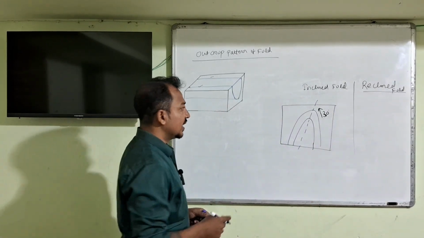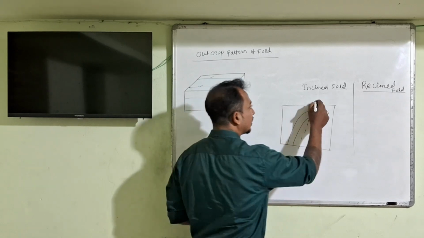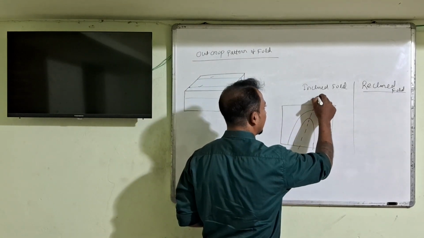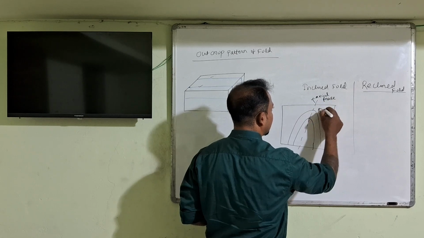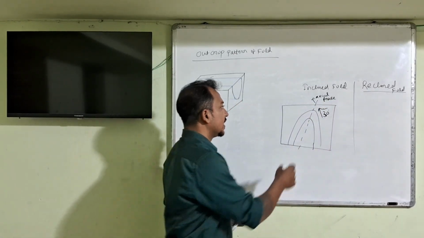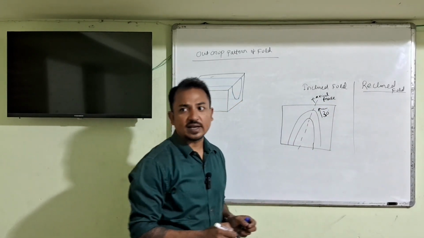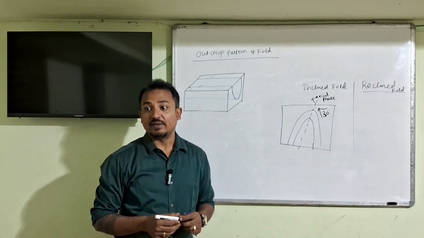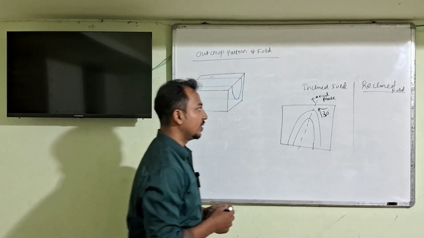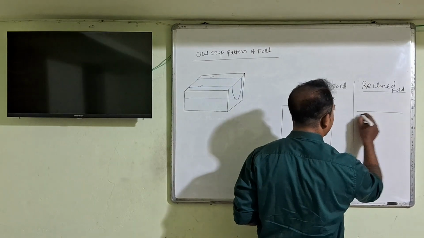In an outcrop pattern, this is your axial trace, and this is the trend of the fold axis. If the axial trace and the trend of the fold axis are inclined to each other, it will be your inclined fold. And in reclined fold, you will find that.